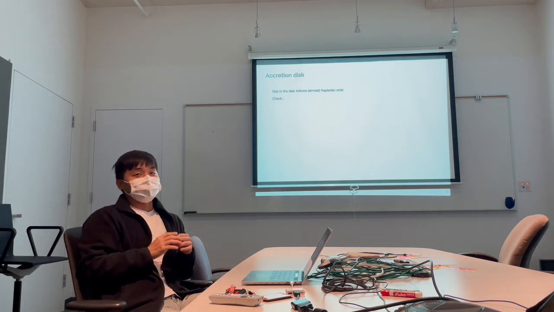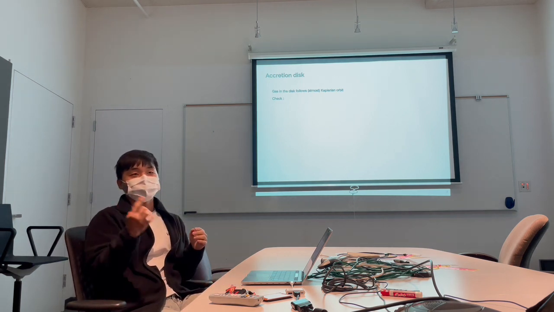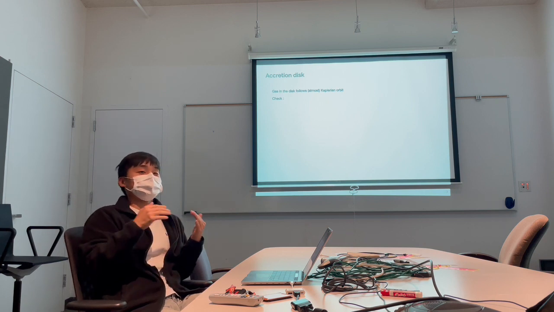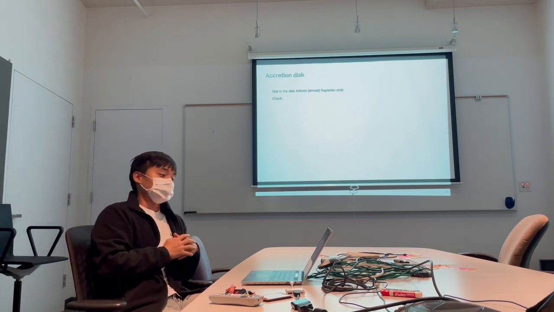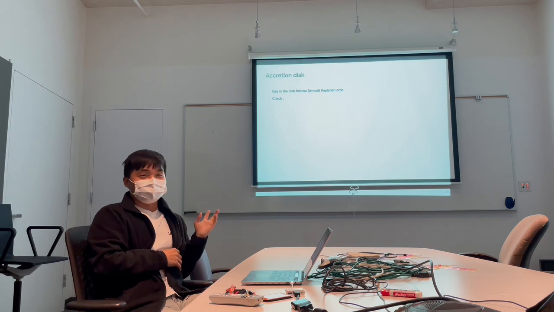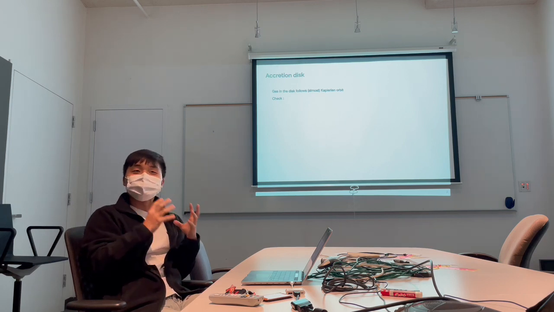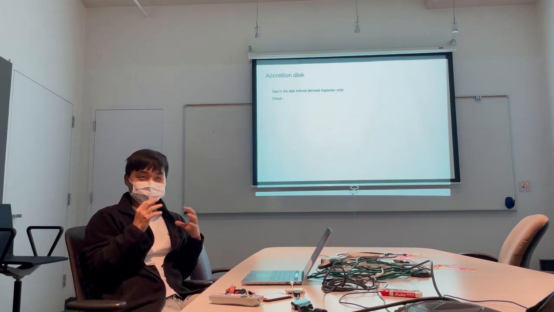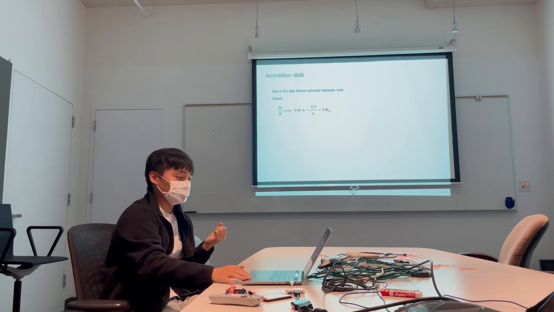This is called the Keplerian orbit, where the circular orbit's centripetal force balances gravity. So we can just check this statement. This is usually what is assumed before computing details of an accretion disk model.